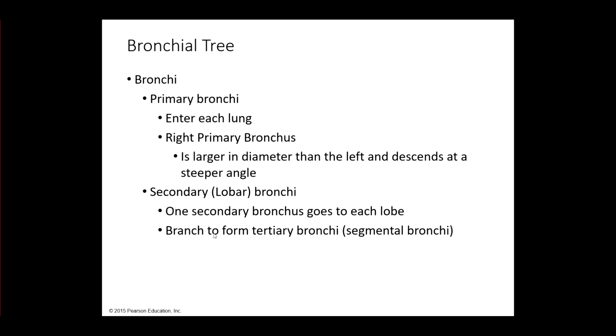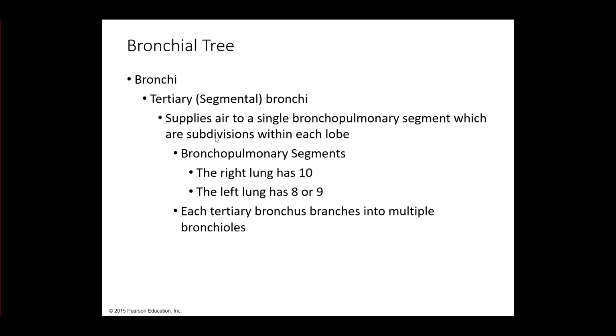Now, each secondary or lobar bronchus is going to divide to form what we call tertiary bronchi. These are sometimes called segmental bronchi. The reason for that is the tertiary bronchi are going to bring air to a single bronchopulmonary segment. Basically, guys, these are just subdivisions within each lobe, right?